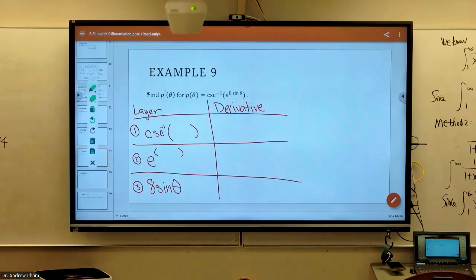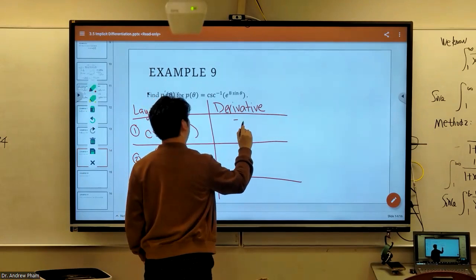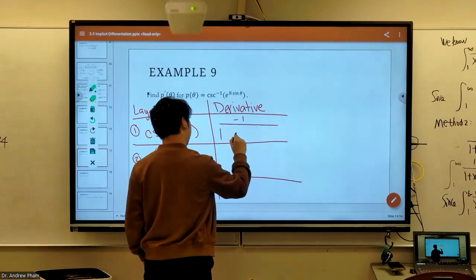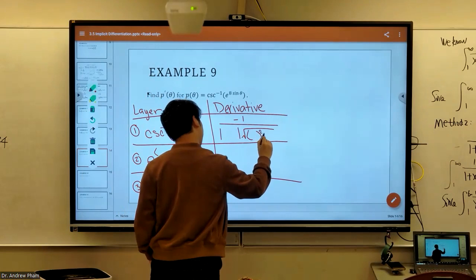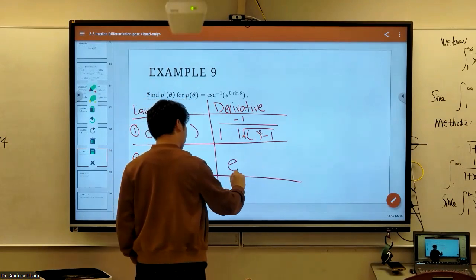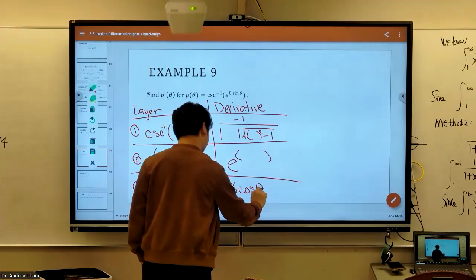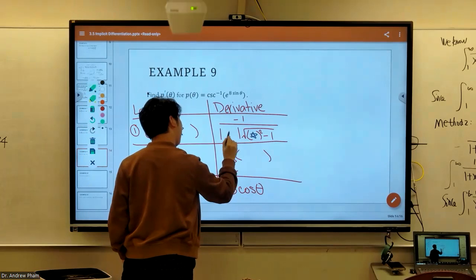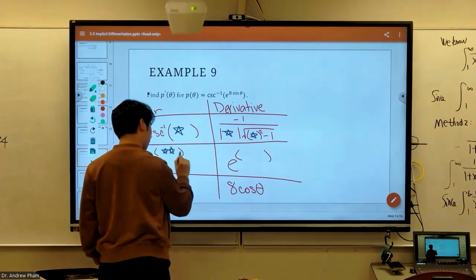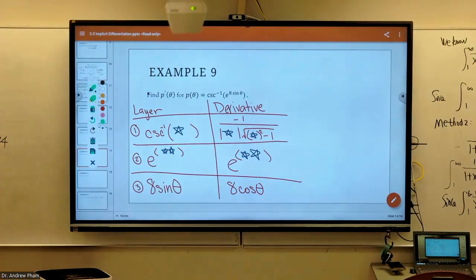I'm going to go ahead and start filling out this table. Again, you can check if you have the right idea as I go through it. And I'm just using these stars as placeholders to show that they're the same thing on the left and the right.